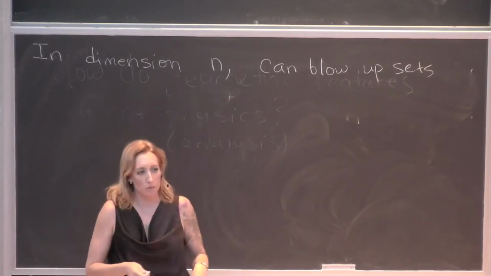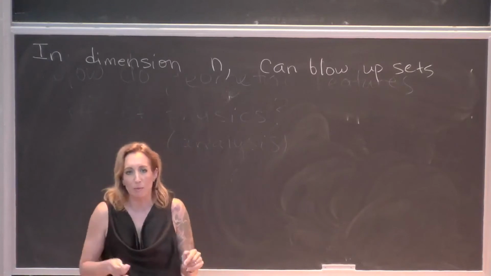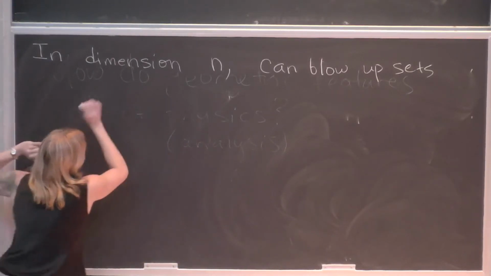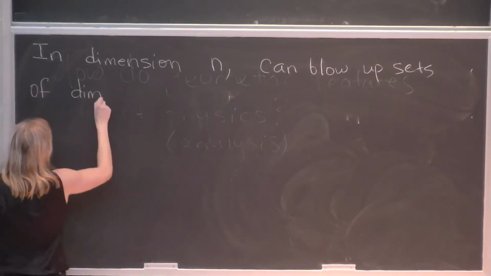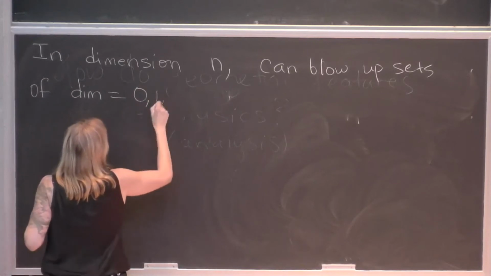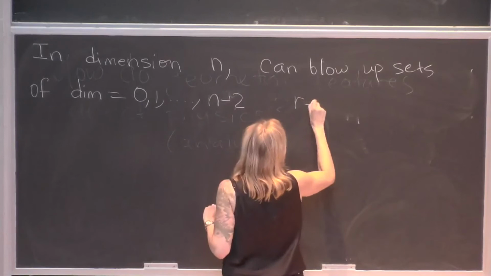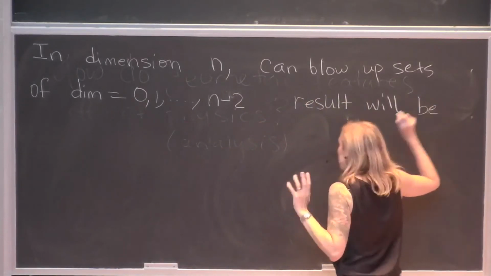There are some technical assumptions and hypotheses about the sets. They have to be piecewise manifolds, and so on. But we're going to just ignore that and think about the dimensions. So we can blow up sets of dimensions 0, 1, and up to n minus 2, and the result will be something of dimension n minus 1.